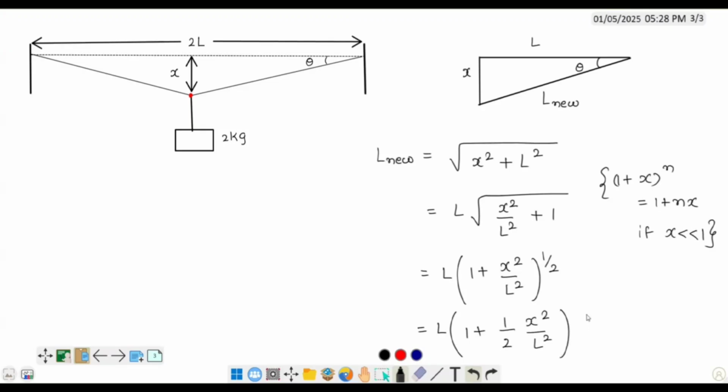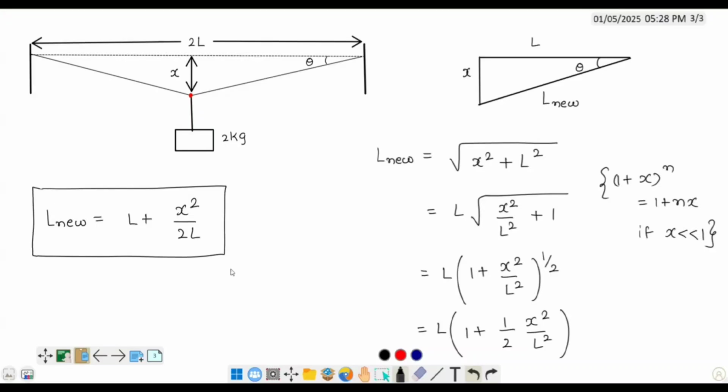So finally, on solving, we will get L plus x square by 2L. So this is one thing we got: L new is L plus x square by 2L.